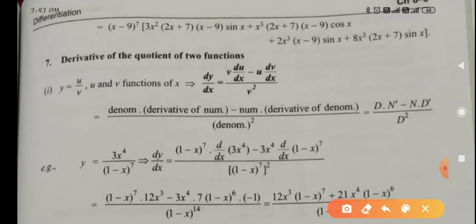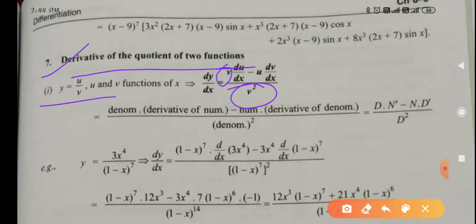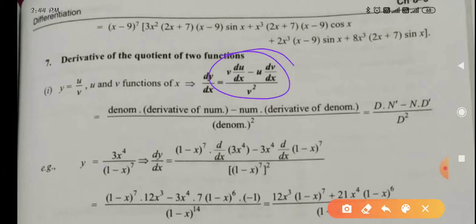After the seventh, this rule is also very important, you have studied: derivative of the quotient of two functions y equals u upon v. Then denominator squared in the denominator you will take, and in the numerator, denominator same means v same, differentiation of u, minus, this time minus will come in between, v same differentiation of u minus u same differentiation of v, upon denominator squared.